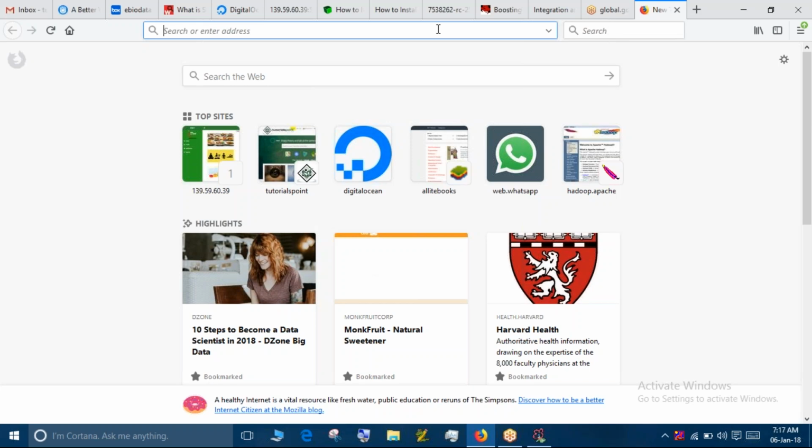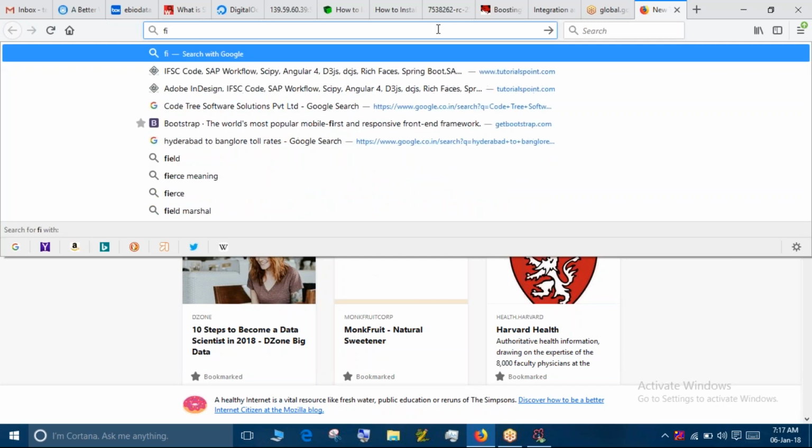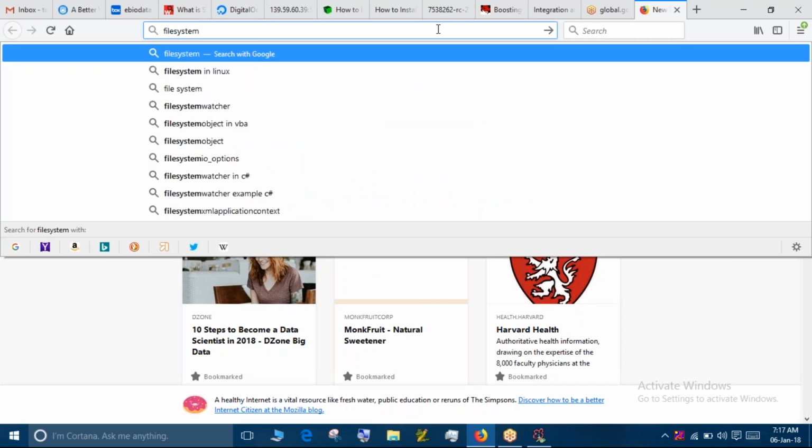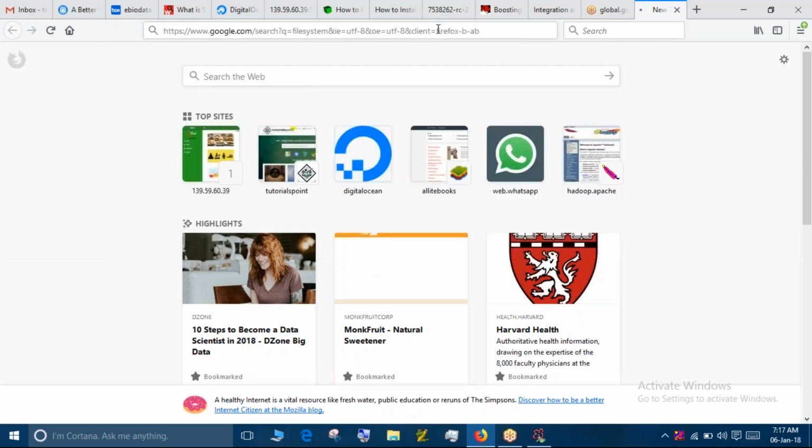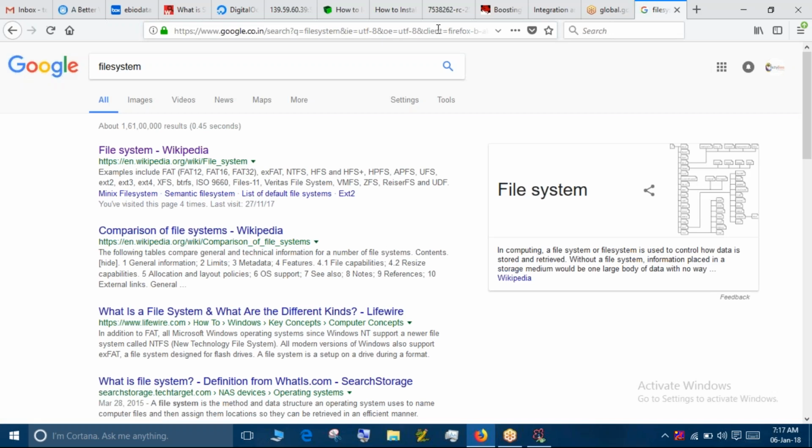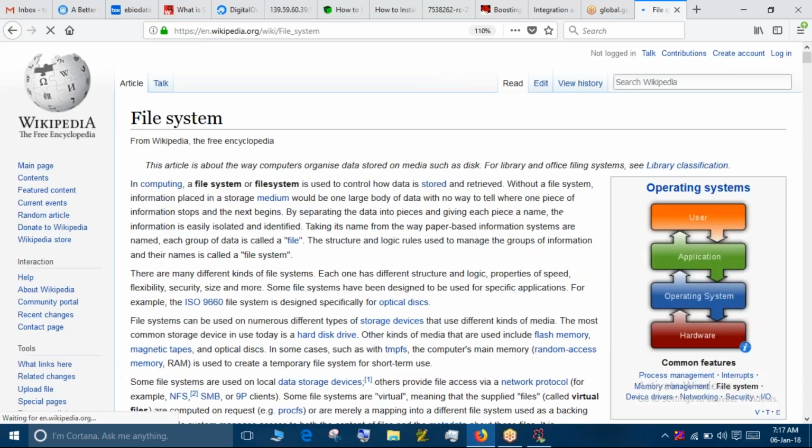So what do you understand from the term file system? From our root system and then the complete file system, like a directory tree structure. That is what I understand, like my personal file system.